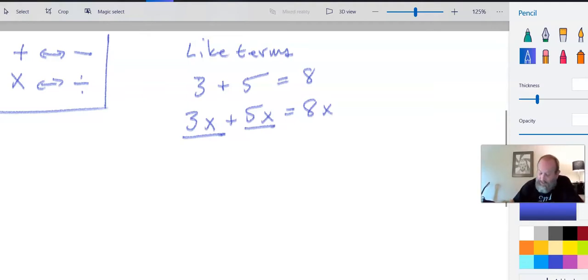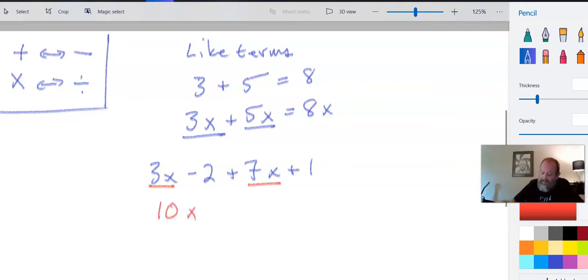And then, of course, you can combine these things together. If I end up with 3x minus 2 plus 7x plus 1, basically what I can do is find the things that have the same variable part and add them together. So 3x and 7x have the same variable part. Those are like terms, so I can add them together. 3 plus 7 is 10.